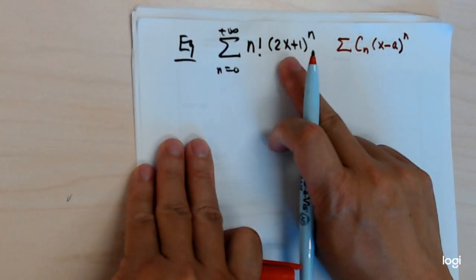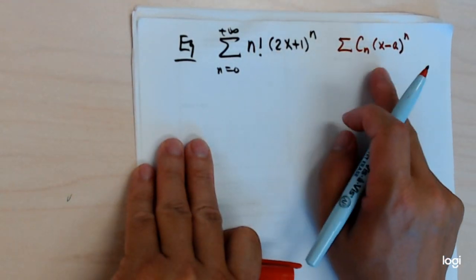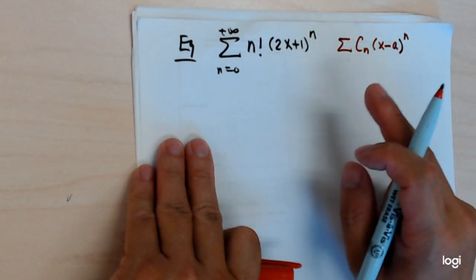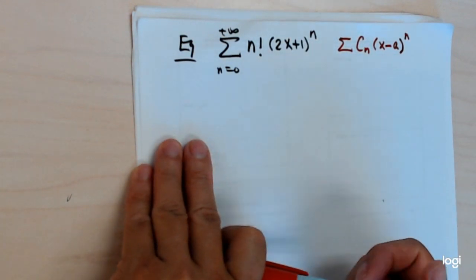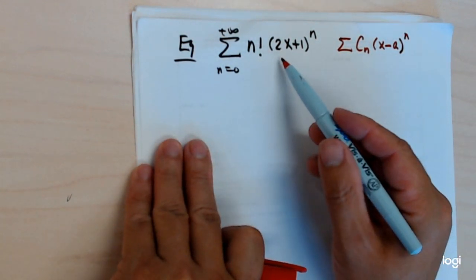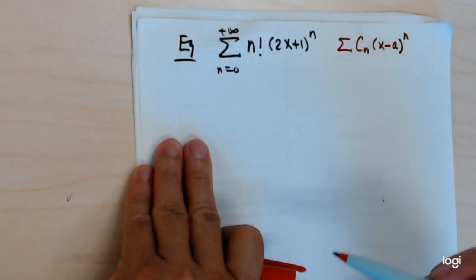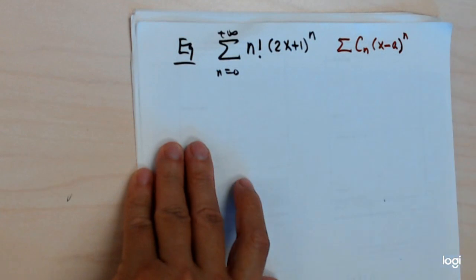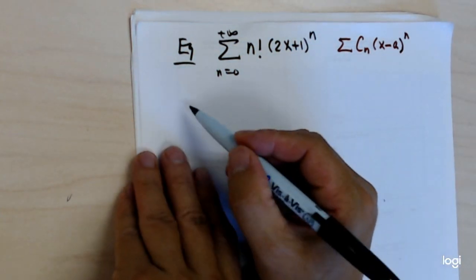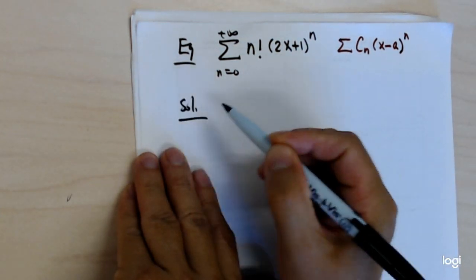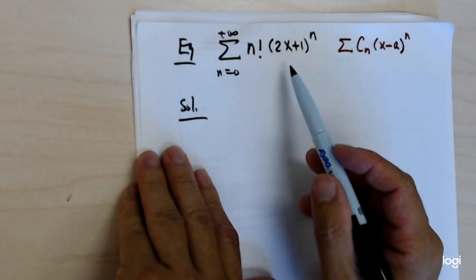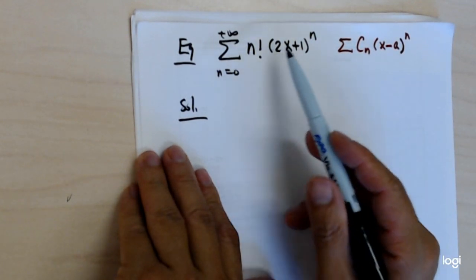So that does not look exactly like this, but nonetheless, this is still a power series. If you want, you can convert or transform it into that form, but it does not really matter. The question is always the same: find out what x makes this converge.